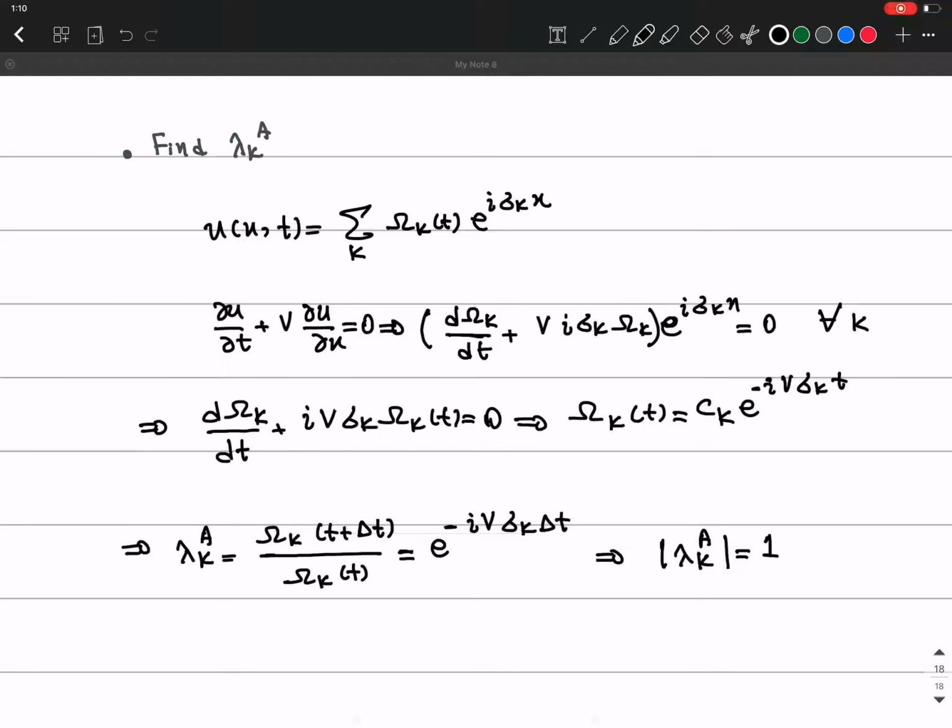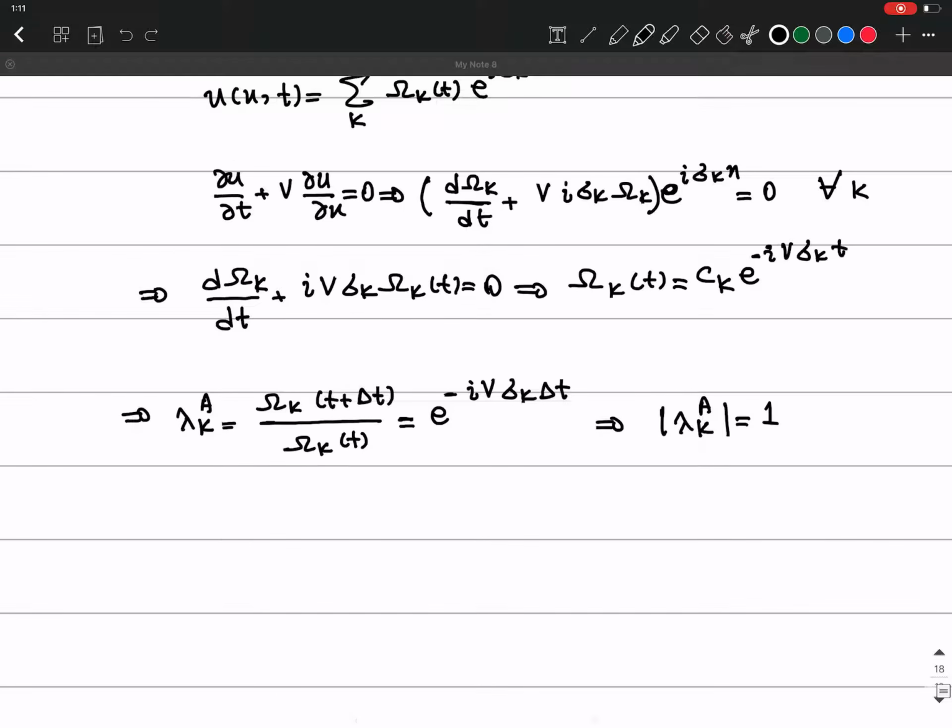And you can show why, because this is going to be cosine theta plus i sine theta, so it's going to be cosine square plus sine square, which is going to be 1, right? So the absolute value of that is going to be 1.